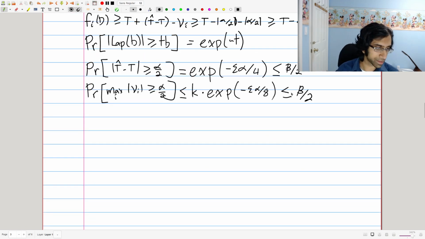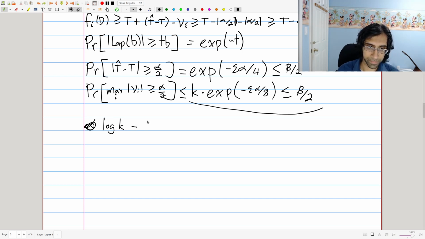Just rearranging these, we can see that these both will be satisfied as long as we have the following lower bound on alpha. In particular, you can just focus on this one. Let's do this one to be careful. Taking the log of both sides of this expression, that gives us log of k minus epsilon alpha over 8 is less than or equal to log of beta over 2.